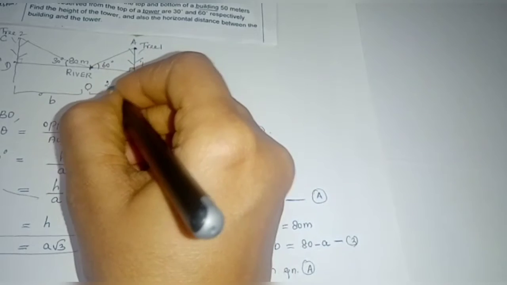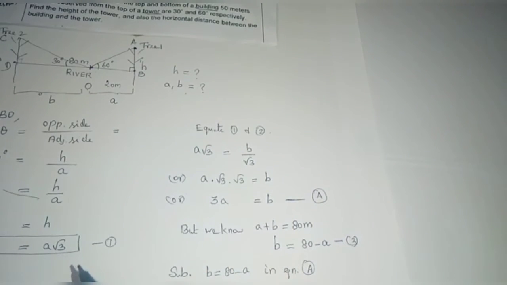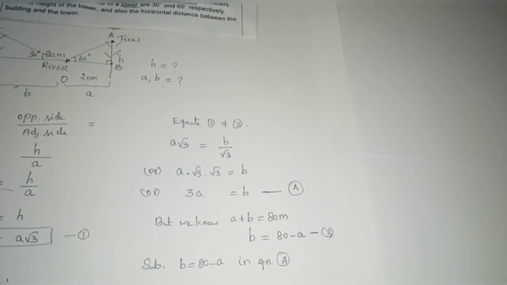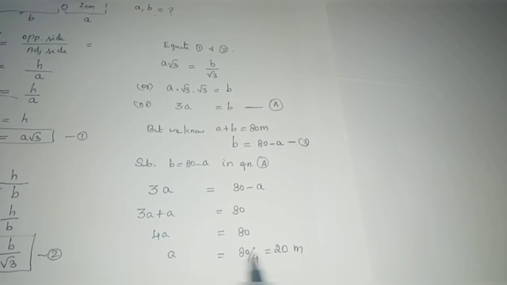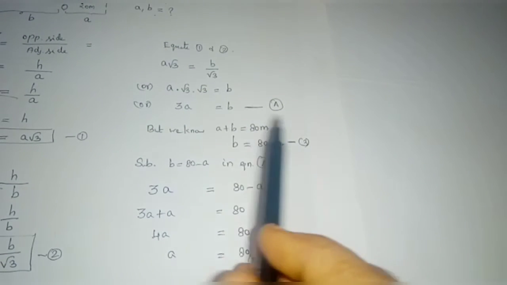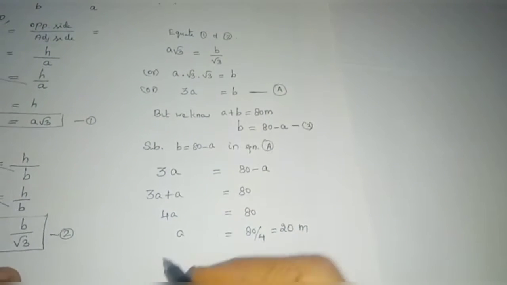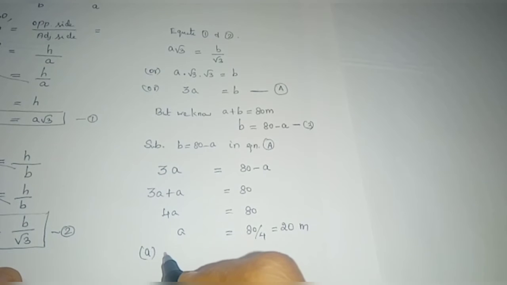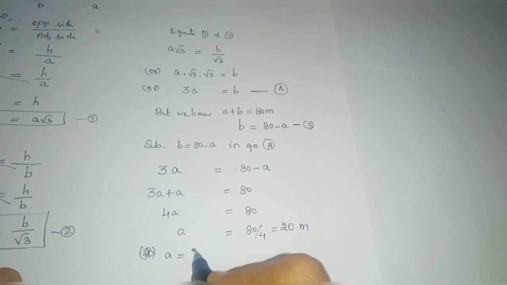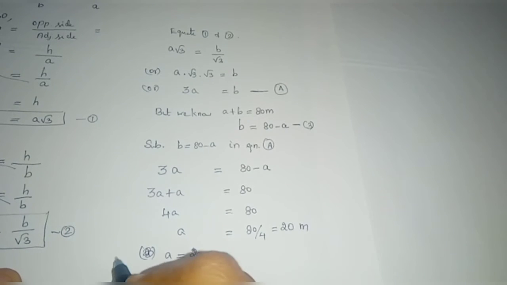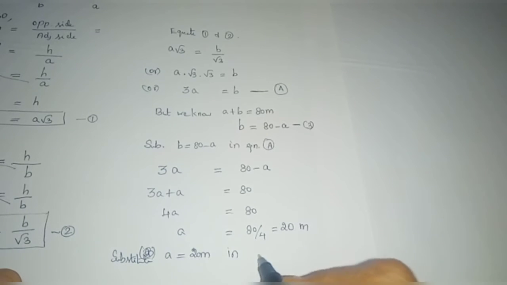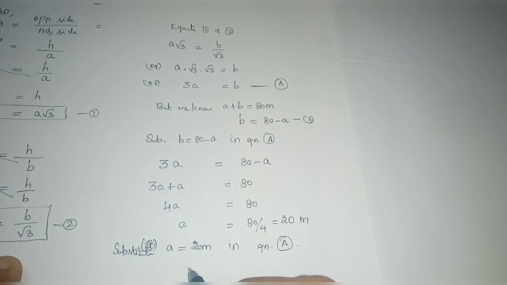So a we found as 20 meter, and you substitute a equal to 20 in equation a, so that you will get the b value. Equation a is b equal to 3a.